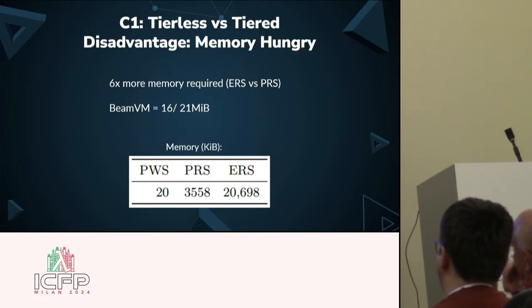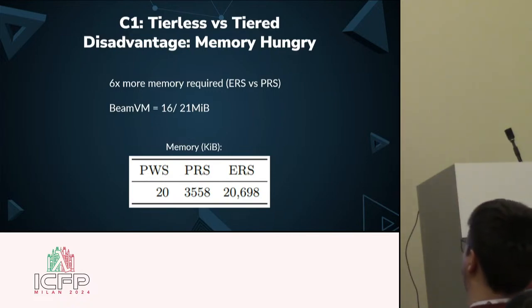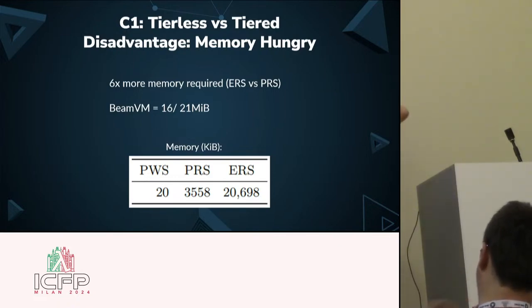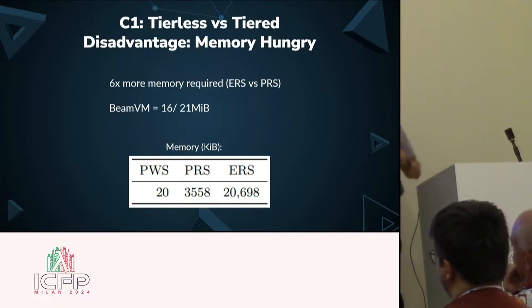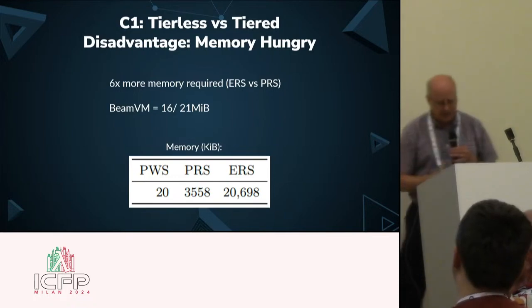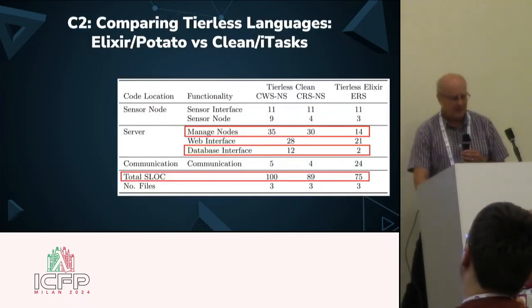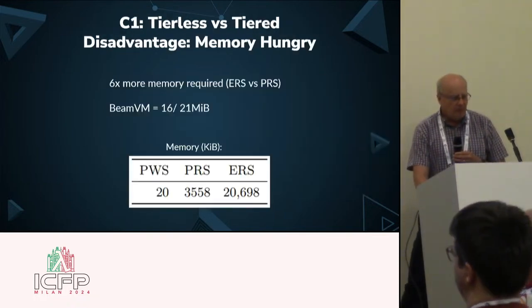Full Python is 3.5 meg, and Elixir needs 21 meg. I will say something later about that, Pierre, honest. Okay.